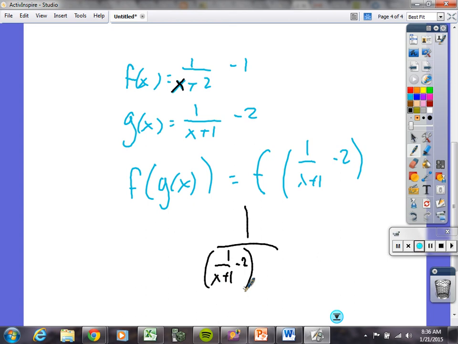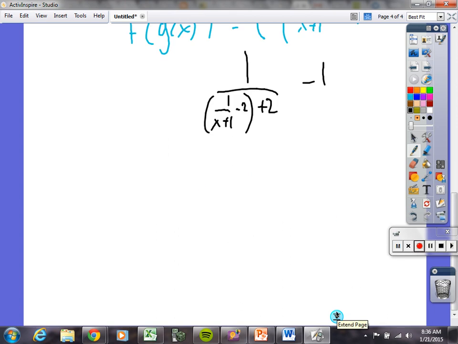That represents our x. Does everybody see that? Plus 2. And then we have our minus 1. Okay? We inserted that stuff in for the plus 2. Everybody there with me?